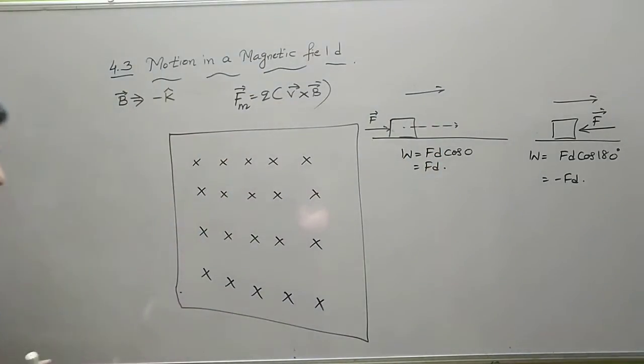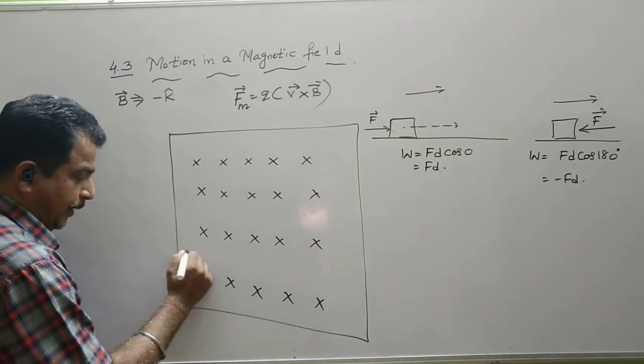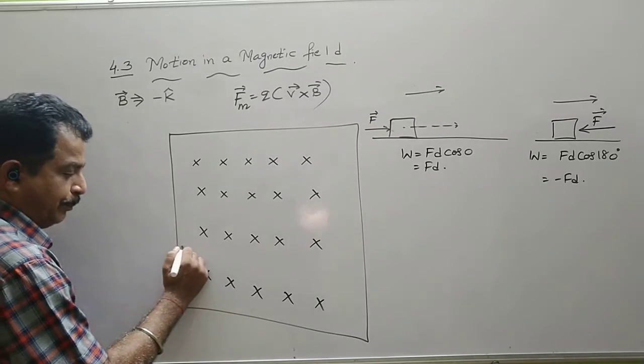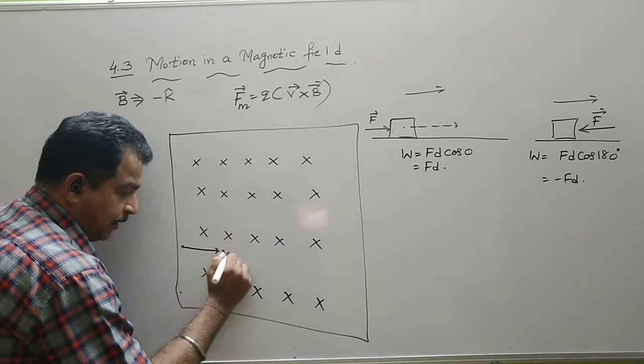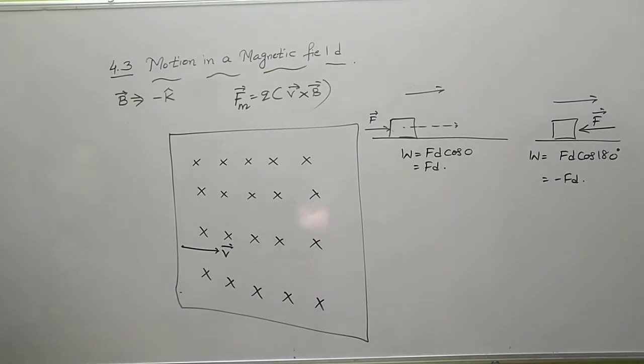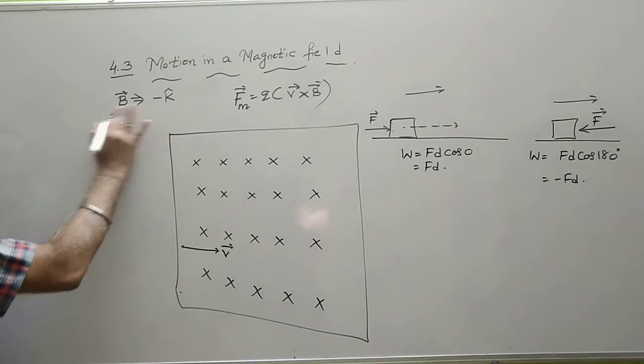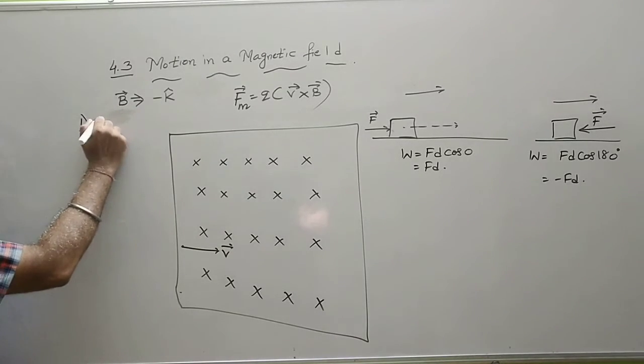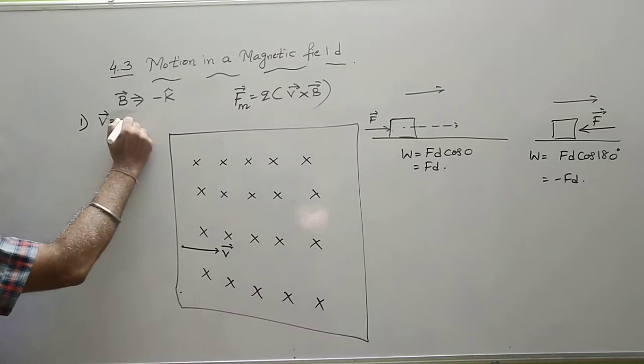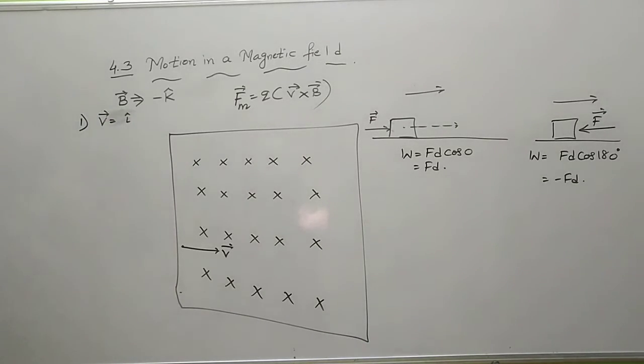So let us say the particle enters perpendicular to it. This is the V vector. Let us take the V vector in the first case, or the first instant, where the V vector is i cap.